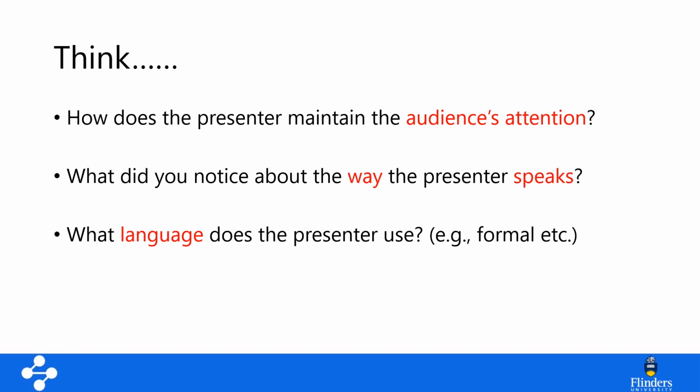Think about the kind of language the presenter uses. Is the language formal? Is the language informal? And when you think about that, think in terms of the audience which the presenter is presenting to. Has the presenter delivered the talk specifically with the audience in mind?